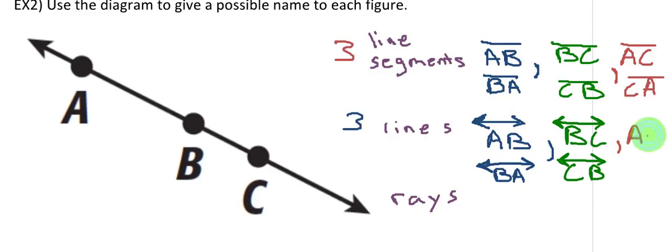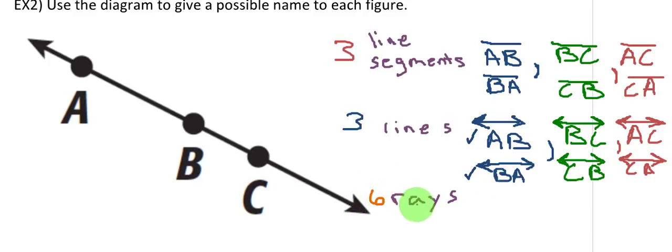So line AC or line CA. And now I have 3 lines represented. Okay, and the cool thing here is you get to choose. You do not have to write it as line AB and line BA. You get to decide whether you like to write it as line AB or if you want to represent it as line BA.